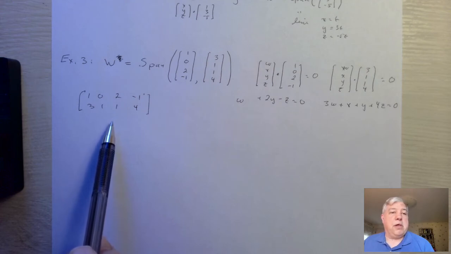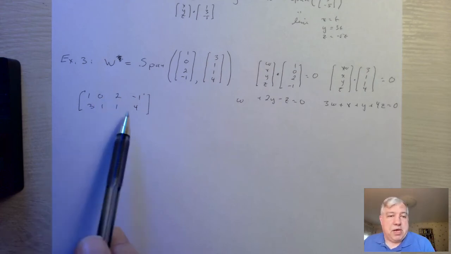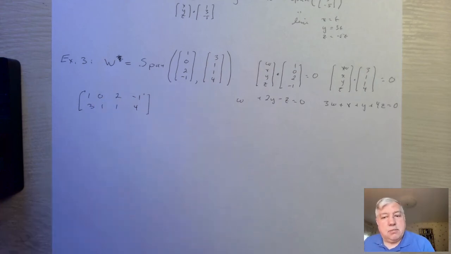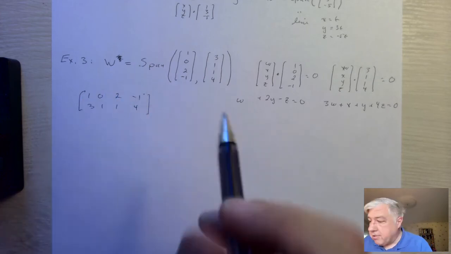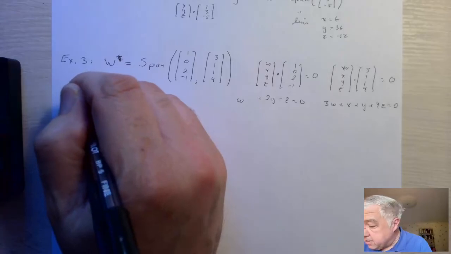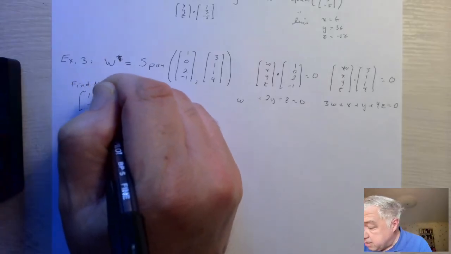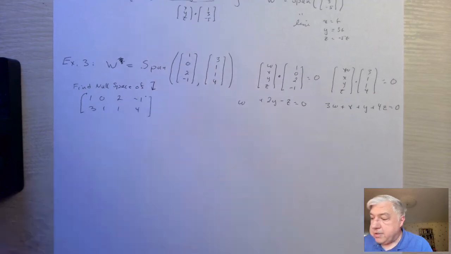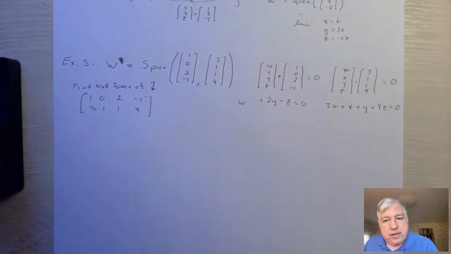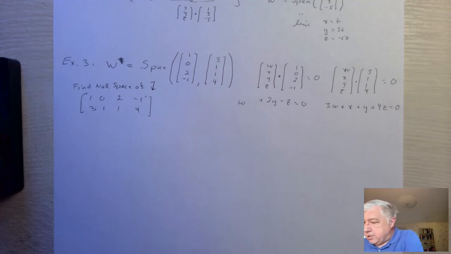So the null space of this matrix is going to be the orthogonal complement of the row space. All right, so we just need to find the null space of this matrix using our good friend reduced row echelon form and Gaussian elimination.